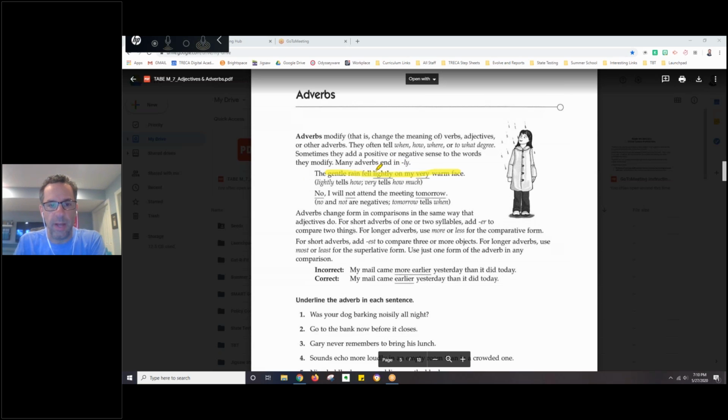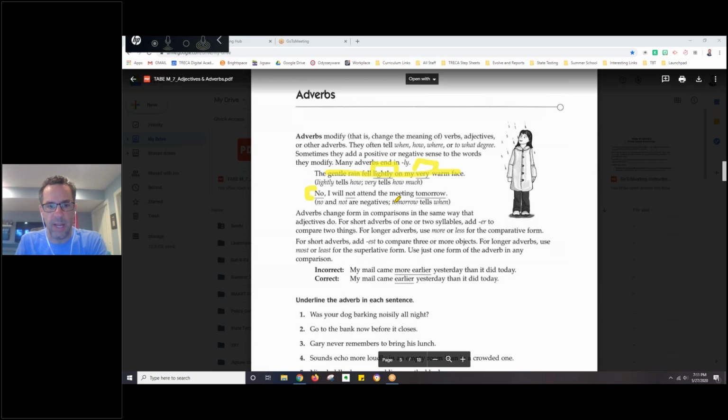The adverbs are lightly and very. Lightly tells how. How was the rain falling? It was falling lightly. And very tells how much. Was your face warm? Was it very warm? Remember, warm is an adjective, so something that modifies an adjective, like the word very, is an adverb.